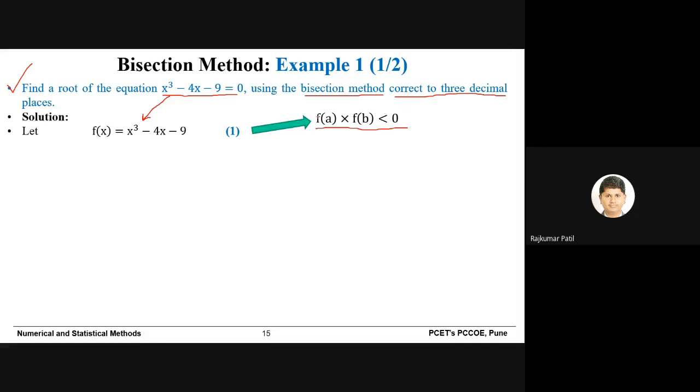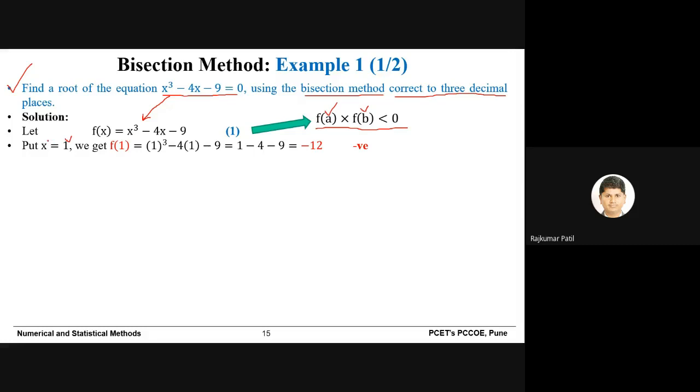So where to start? What will be the initial values for a and b? So generally here you need to start with the initial value x is equal to 1. Because whenever a problem is asked to you in the exam, you need to start with x equal to 1, and somewhere close to that there will be a root.